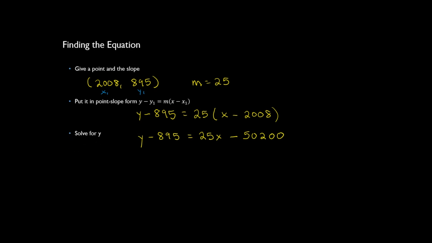Now I'm solving for y, so I need to add 895 to both sides, which gives me y equals 25x. And then make sure you use a negative 50,200 because you've got that negative sign in there, plus 895, and it gives me minus 49,305. So that is my equation.